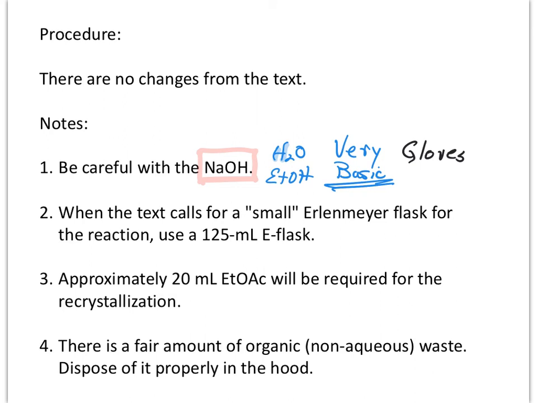When the text calls for a small Erlenmeyer flask, we don't want it to be too small. You want to be able to swirl without splashing the strongly basic solution out. So we found that a 125 milliliter Erlenmeyer flask is appropriate. Now, this reaction goes very quickly, so we should have time for recrystallization next week.